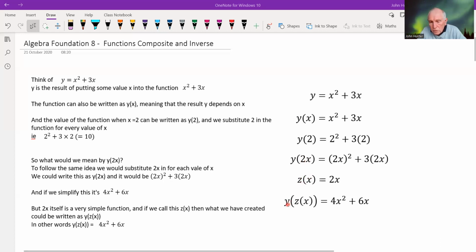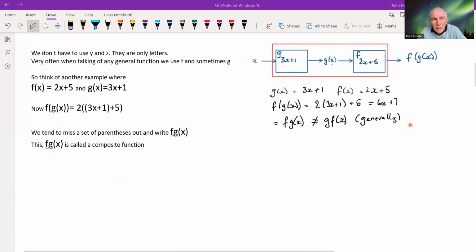So what we've got is y of z of x is equal to, once it's expanded and simplified, 4x squared plus 6x. So this combination here is a composite function. It's kind of as simple as that, really.